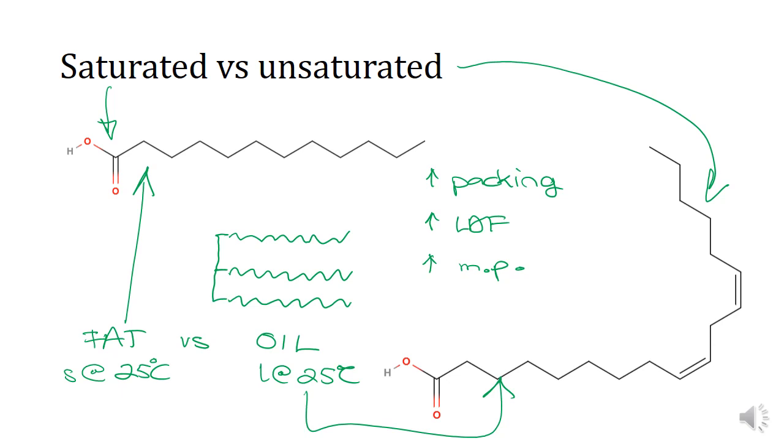So they will only be asking you to talk about it in comparison. They won't ask you for an exact number. They're after what is the qualitative difference between saturated and unsaturated fats in terms of melting points.